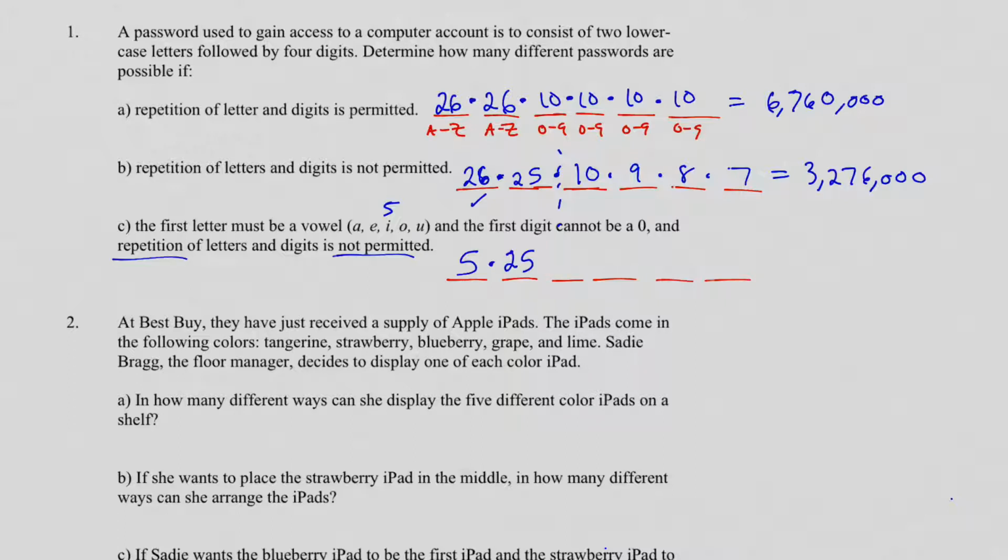So the vowel restriction was the first spot. The second spot, you could use any of them, but you can't use the one you just chose, so one less there. Then we have the digits, and it says the first digit cannot be a 0. Okay, so remember you have 0, 1, 2, 3, 4, 5, 6, 7, 8, 9.